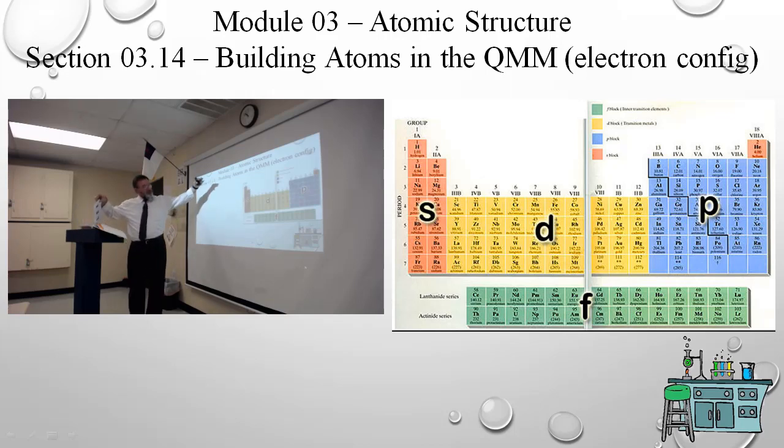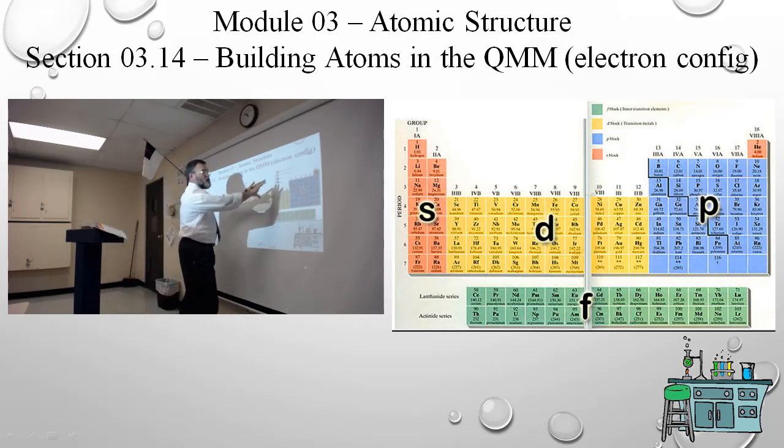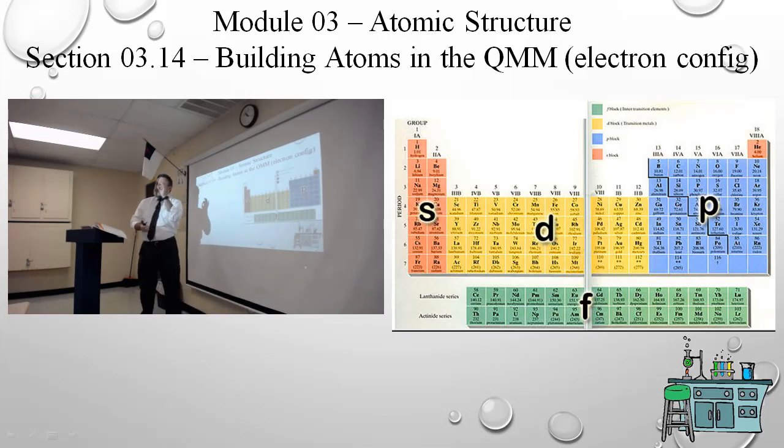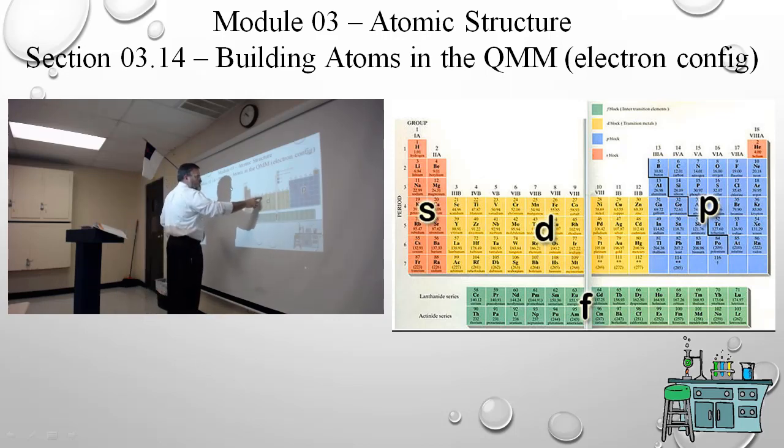So the rows represent the energy levels, and the columns, the regions, tell you what orbital is being filled. There's the s block, the p block, the d block, and the f block. The particular column it's in tells you which is the highest electron in that orbital. So if I look over here at chromium, I know that the last electron to be placed is going to be in energy level 4, but it's in a d, so it's a 3d: 1, 2, 3, 4, 3d4.